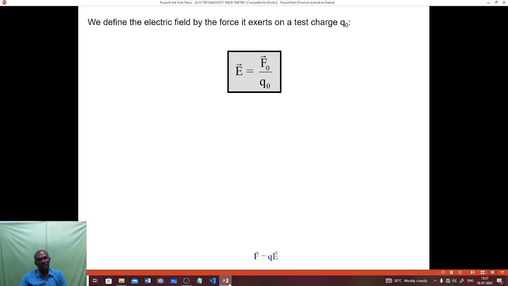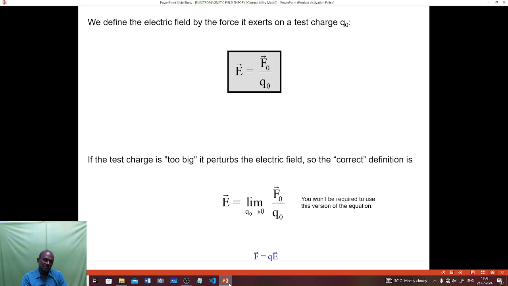We define the electric field by the force it exerts on the test charge Q. As already said, the electric field is the force exerted on a 1 coulomb charge. So it is force divided by the magnitude of the charge, F by Q, and F is equal to Q into E. Vector F is equal to Q multiplied with the vector E.